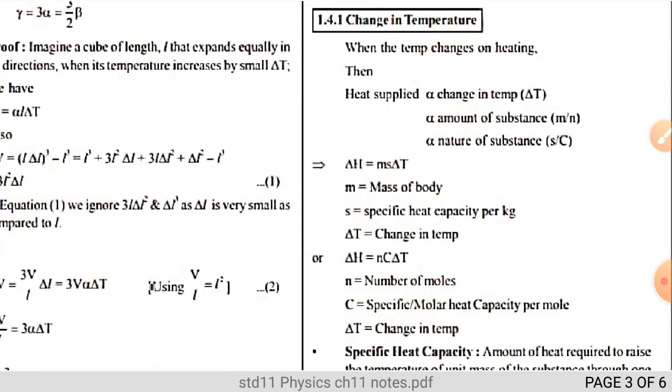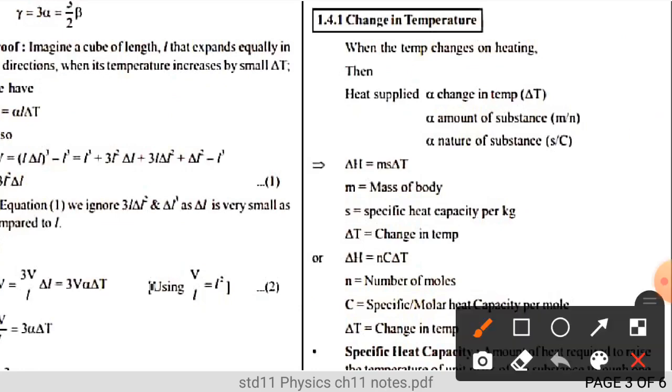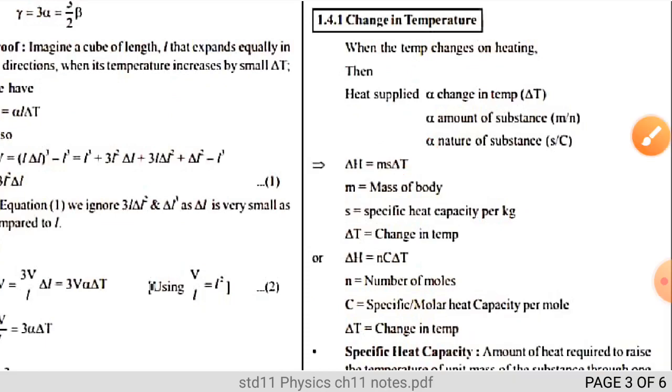When the temperature changes on heating, heat supply is directly proportional to change in temperature, directly proportional to amount of substance, and directly proportional to nature of substance. So because of all these factors, we can write one equation which is delta H is equal to m s delta T. M is the mass of our body, s is specific heat capacity per kilogram, and delta T is the change in temperature, right?